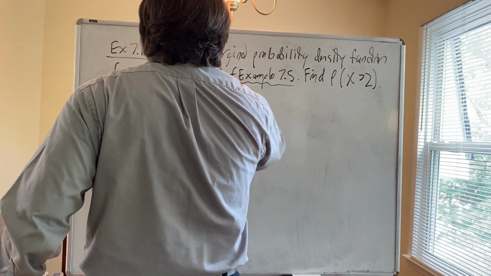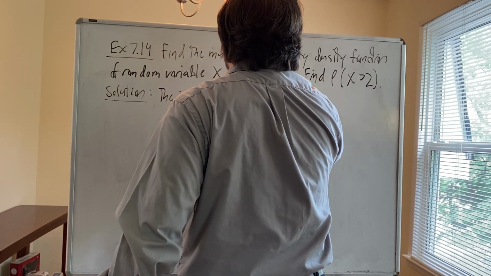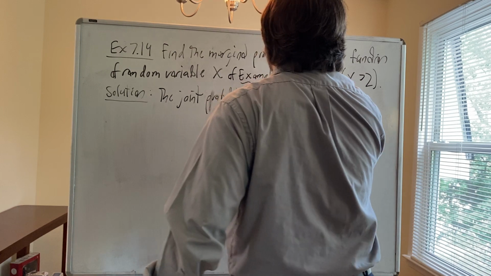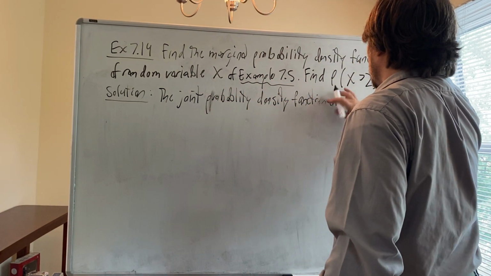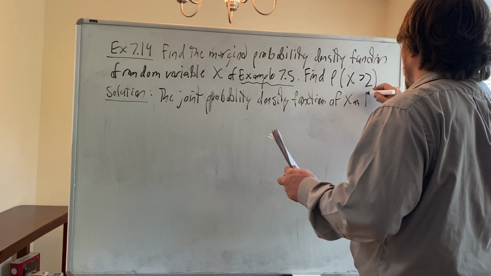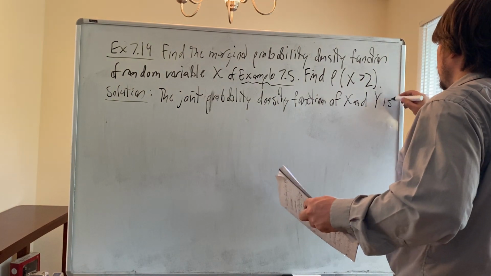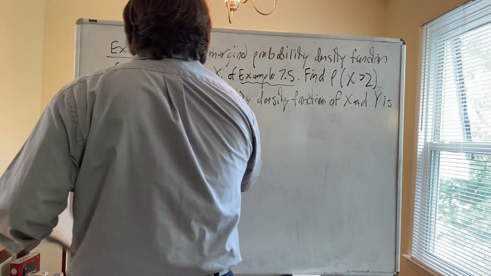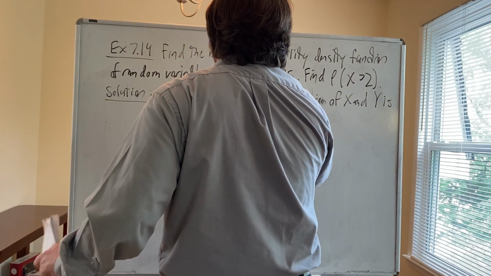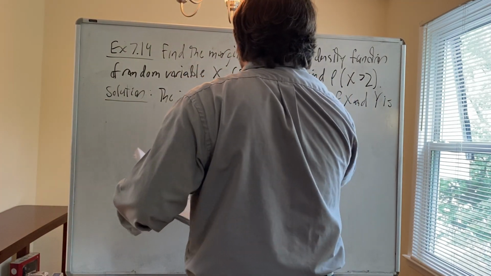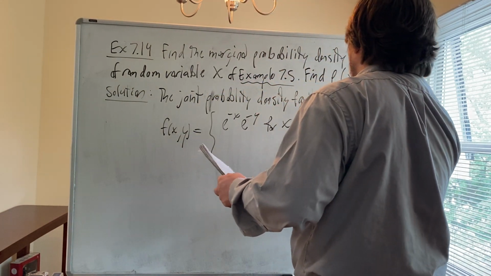The joint probability density function of x and y is f of x comma y is equal to e to the negative x, e to the negative y for x positive and y positive.